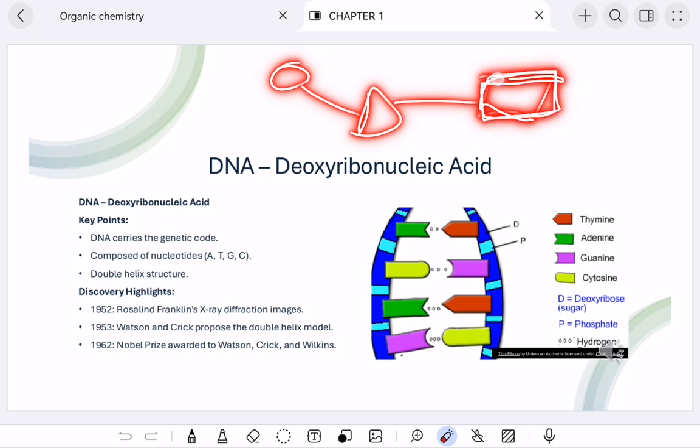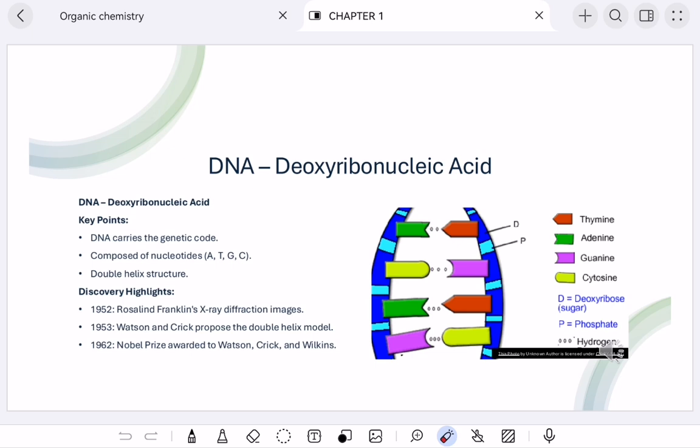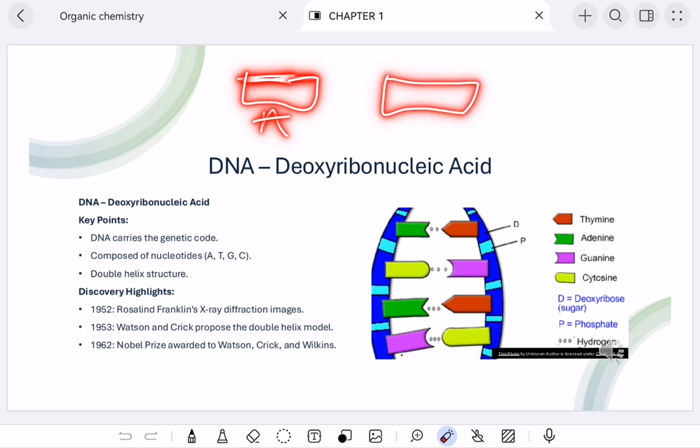It won't be the same molecule. You will see in other structures it will be adenine, cytosine, right? So if on this side, the left hand side, we are having adenine, then on this side we'll be having thymine.